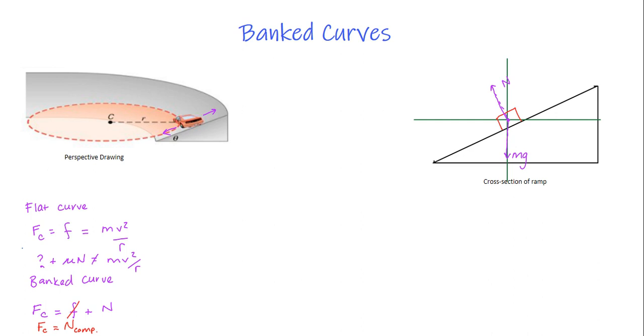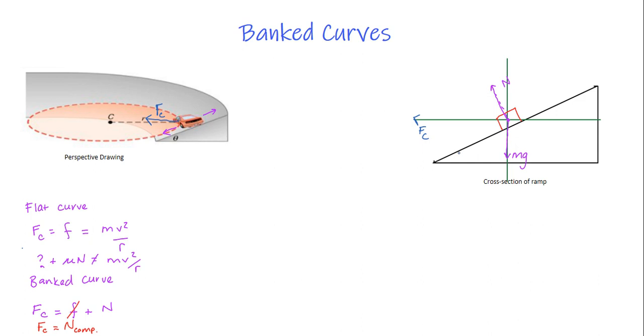Now what I can see is that the direction of the centripetal force is towards the center of the circular path. That means that it lies exactly along what we're going to call this horizontal axis. That means that the weight force is not contributing anything to the centripetal force, but this normal force vector falls between this horizontal and this vertical axis, meaning that the normal force has a component that points along the centripetal force and some of it that points not along the centripetal force.